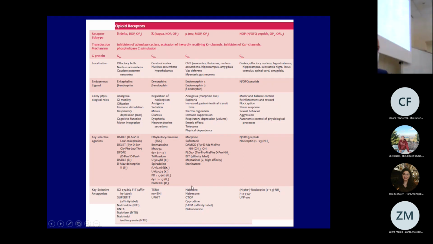Two compounds are important. You see naloxone and naltrexone. All morphine derivatives are normally agonists, so they are able to activate mu, kappa, and delta receptors. Naloxone and naltrexone are two antagonists, able to interact with the receptors, but they are not able to activate them. Why are these two compounds so important?